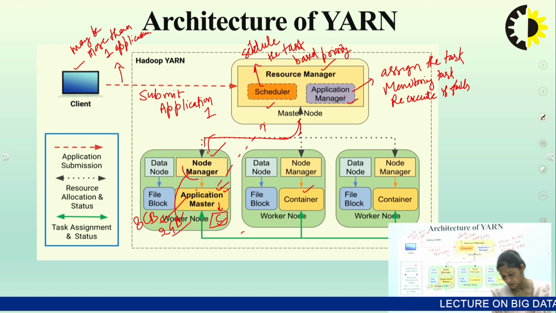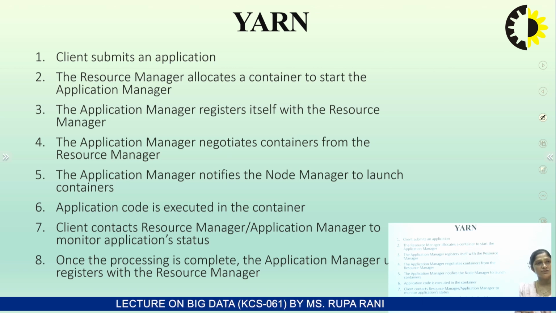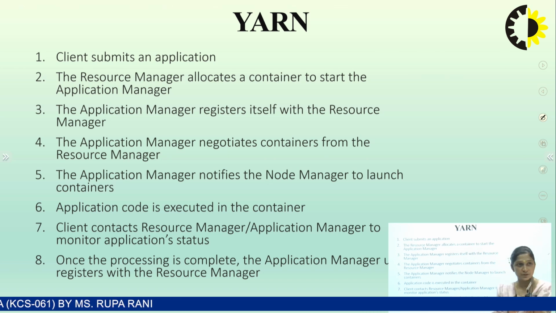Just see this in another slide. First of all, the client submits an application. Second, the resource manager allocates a container to start the application master. And third, the application master registers itself with the resource manager. And fourth, the application master negotiates for containers from the resource manager if memory is not sufficient.